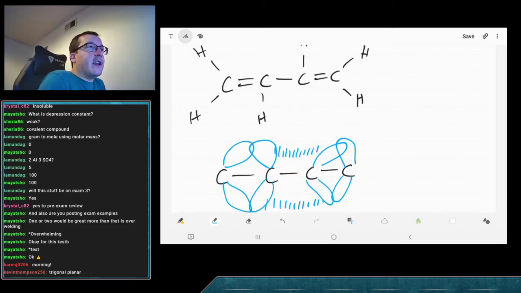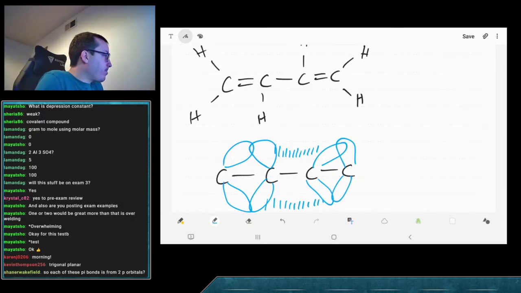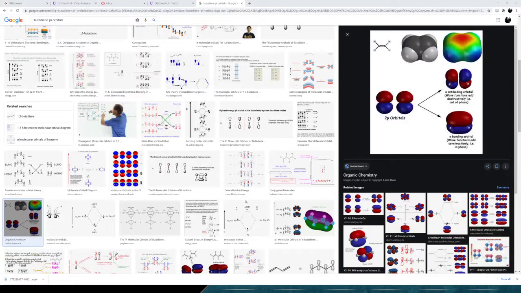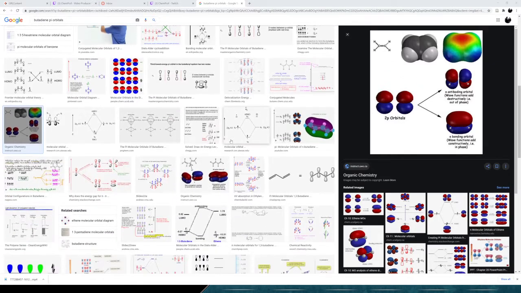Let's see if we have a nice one. This is more not what I'm going for. But essentially what you can have is, is this what I'm looking for? Yes, those are all from p orbitals. Yes, in this case 2p's. So this is kind of what I'm going for. So if we have two pi orbitals, oh, this is still ethene.